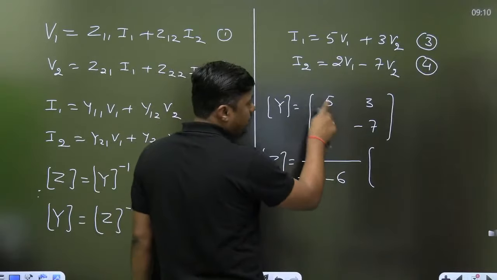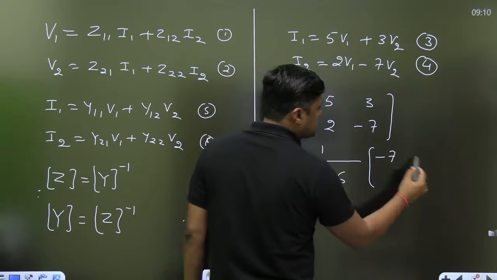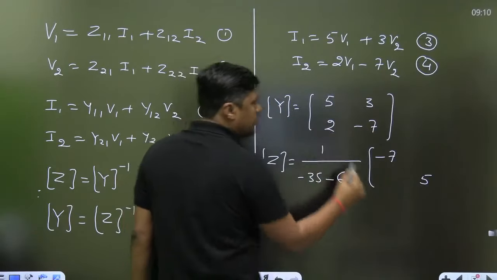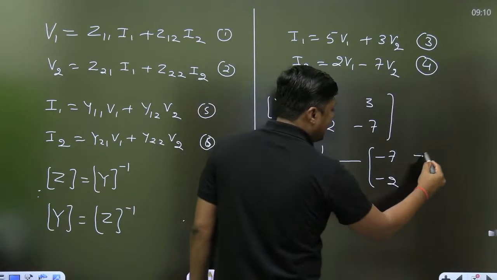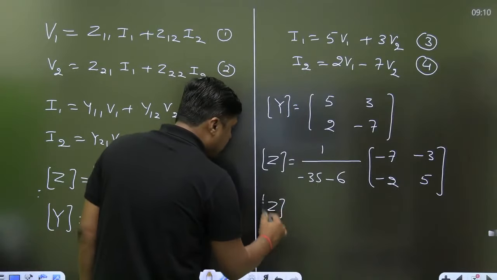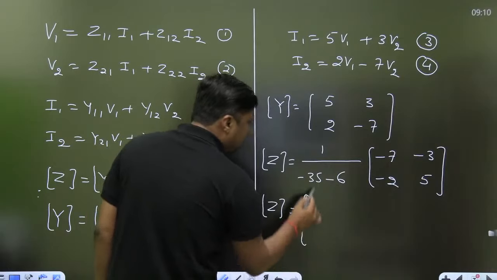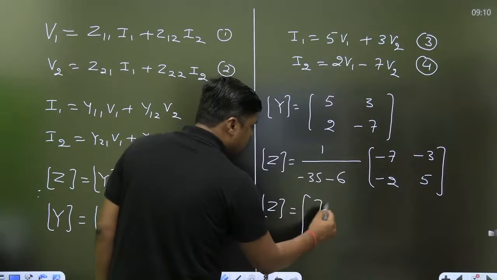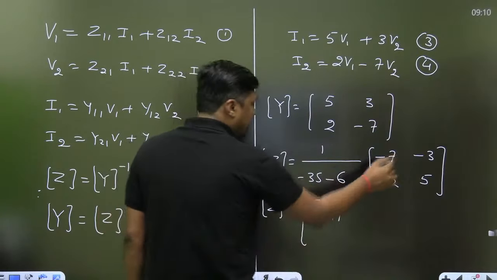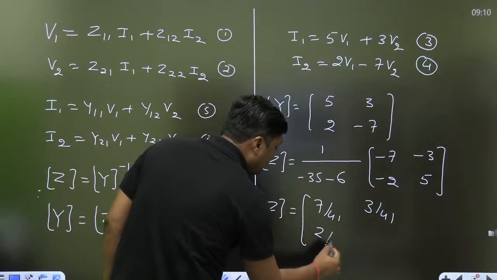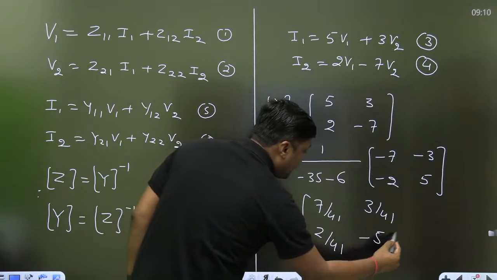Now change the position of these two. This will become minus 7, this will become 5. Change the position of these two and change the sign of these two, and that is called inverse. Then you are going to get all the Z parameters. All the Z parameters means this is minus 41, minus 7, minus minus cancel, 7 by 41, minus minus cancel, 3 by 41, minus cancel, 2 by 41, and this will become minus 5 by 41.